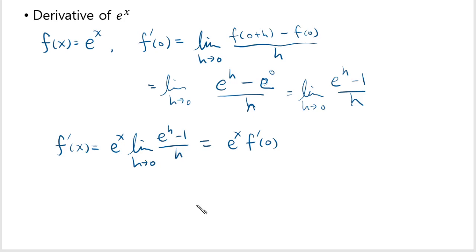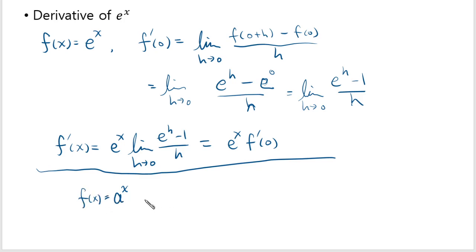Now, what you should do is to try out the same thing for generic powers. I mean, who said we need to differentiate only e? We might want to differentiate a to the xth power, right? So if you had this, then what's the derivative?